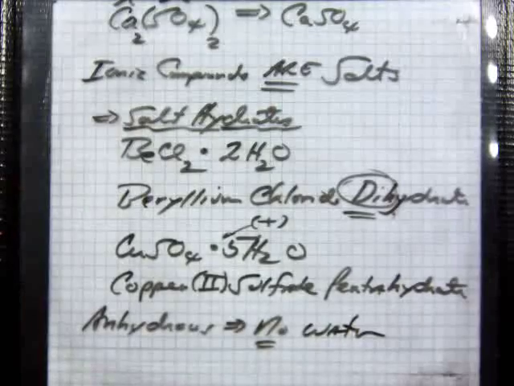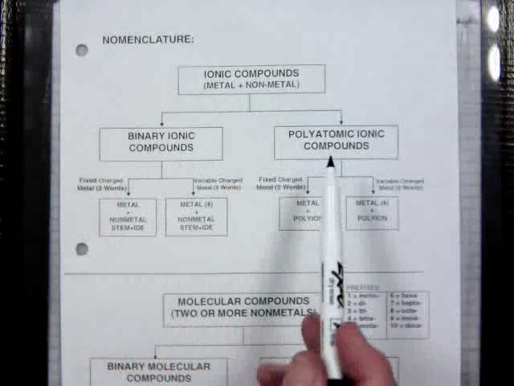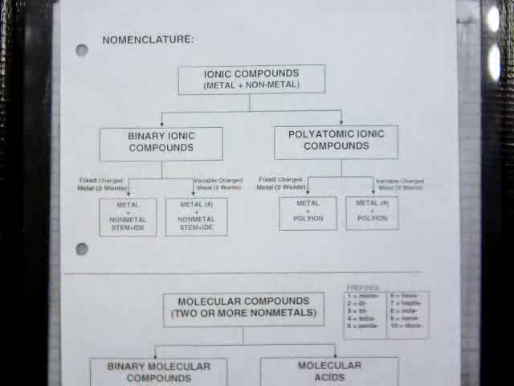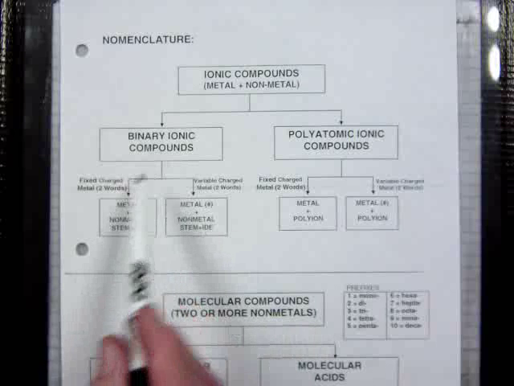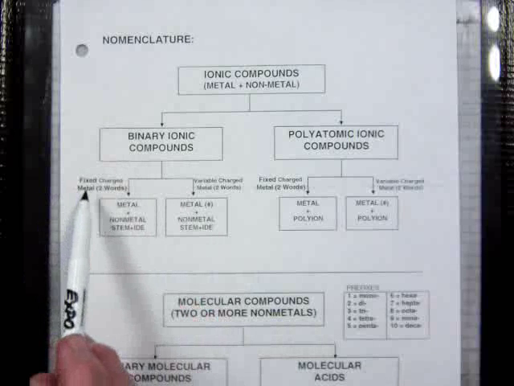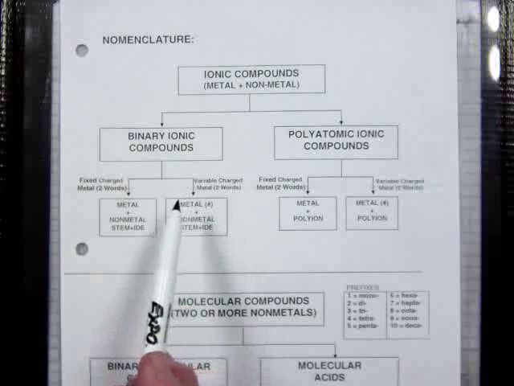So we've covered ionic compounds, binary ionics, polyatomics in their context, plus thrown in a hydrate. Now, how do you name these things and put them together? Well, there are two kinds of ionic binaries. One where the metal is a fixed charge, and two where the metal is a variable charge.